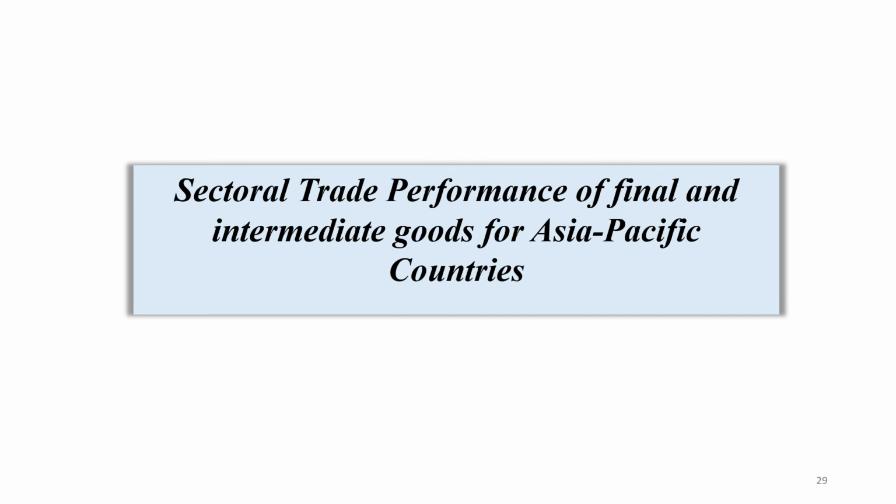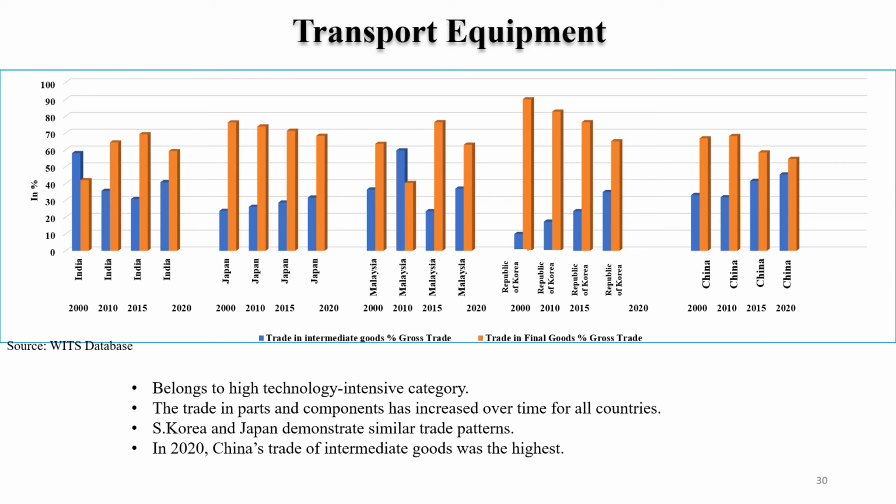Now we'll see the sectoral performance of different intermediate goods and final goods in some of the Asia Pacific countries. If we look at the trade of transport equipment, we have seen that the export of final goods has come down in major exporters of automobiles, for example in Japan.